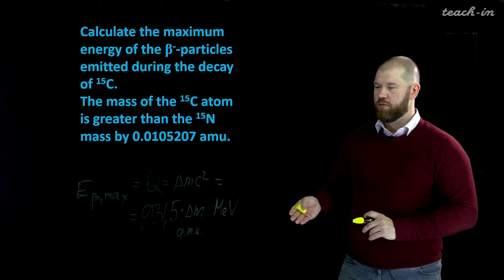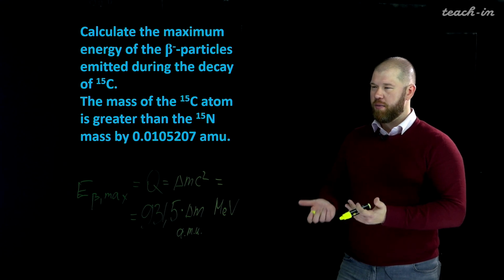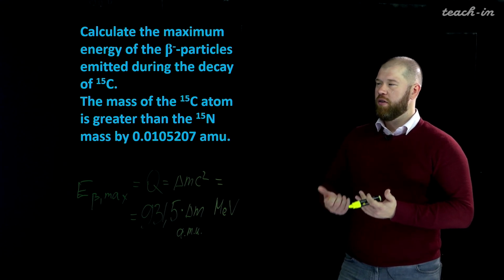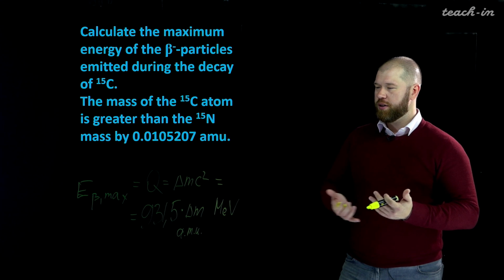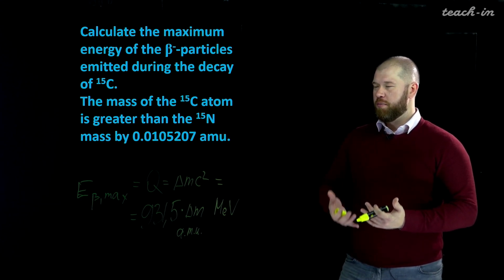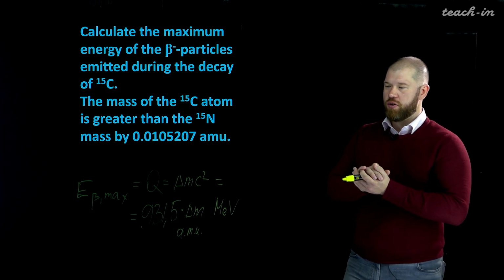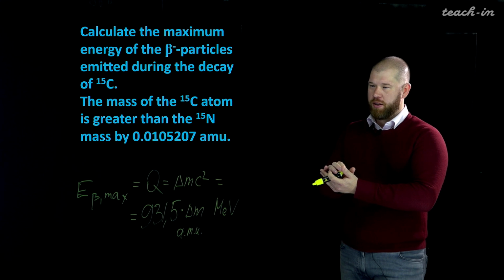gamma quanta. Why? Because if we have gamma quanta that are released as a consequence of the beta decay, that means that part of the energy is going to the gamma quanta.